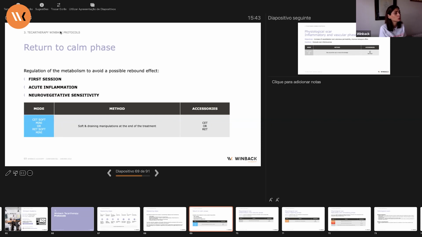So how do we do the return to calm phase? We choose set soft mini or red soft mini. We work in 10% or 20% of intensity, and we do soft and draining manipulations at the end of each treatment. Okay, we can choose from set or red, but always in 10%.